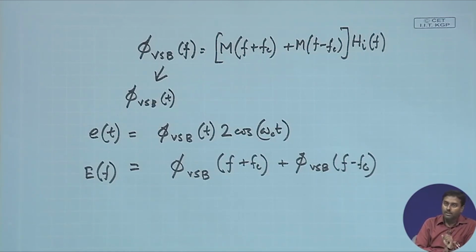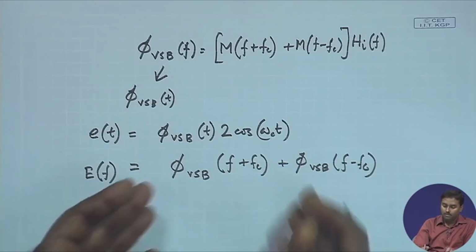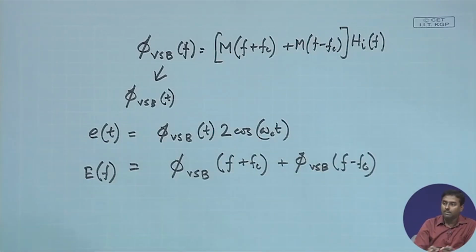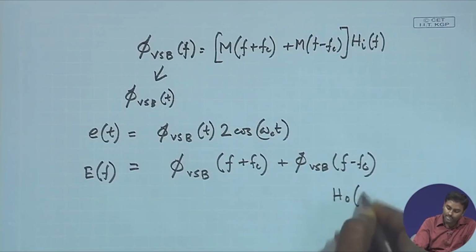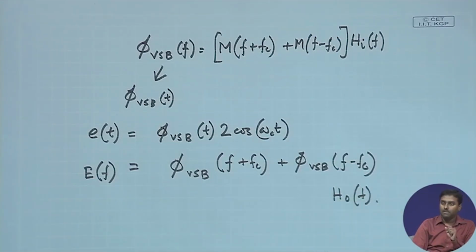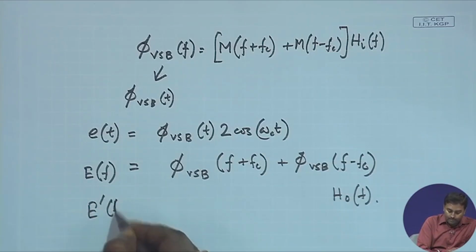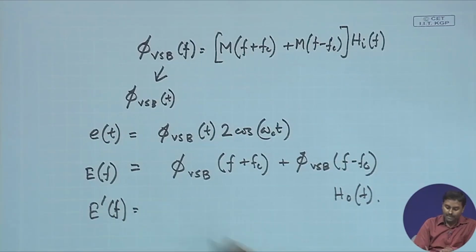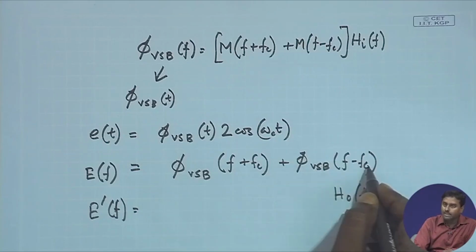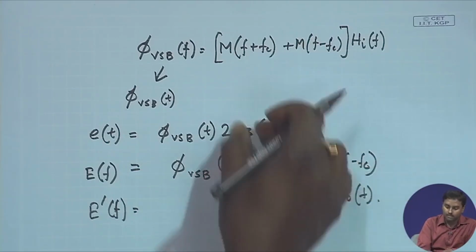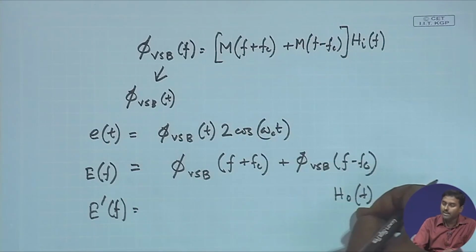Now, what we will do? We have to pass this EF through a low pass filter. So, let us say that has a transfer function of HOF. Okay. So, then whatever E dash F I will be getting, that should be this phi Vsb signal multiplied by cosinusoidal, that must be passed through this.